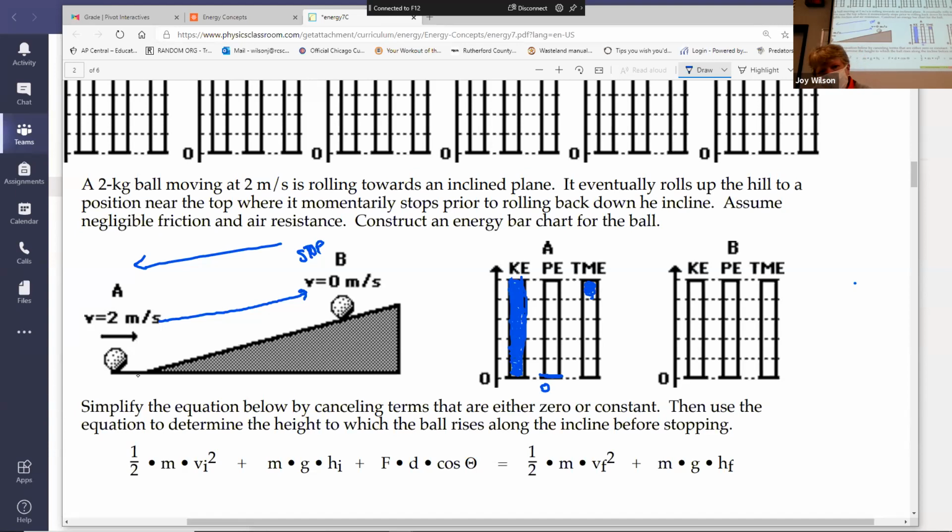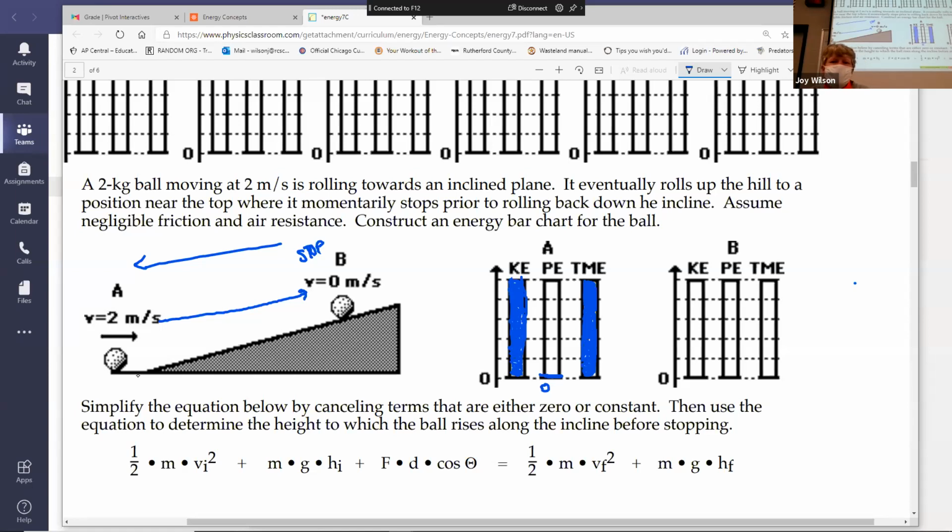It is all due to kinetic. So whatever size you made the first bar, you better make the second bar for TME the same size. So if Abigail wants to make it 2 bars tall both times, that's fine. If Hannah wants to make it 3 bars, that's fine. Just as long as you're consistent.